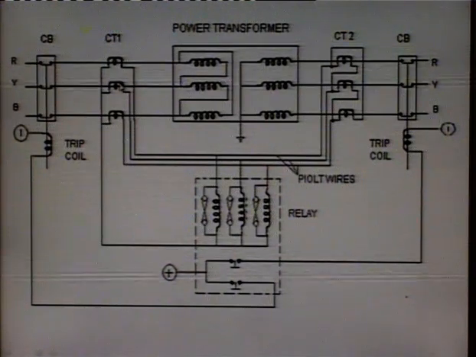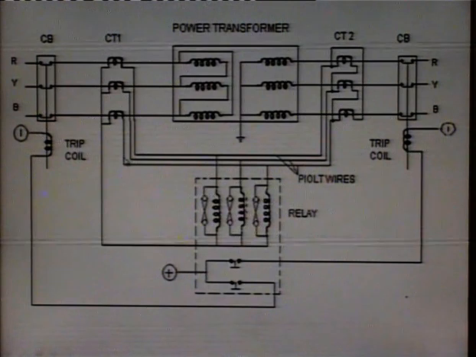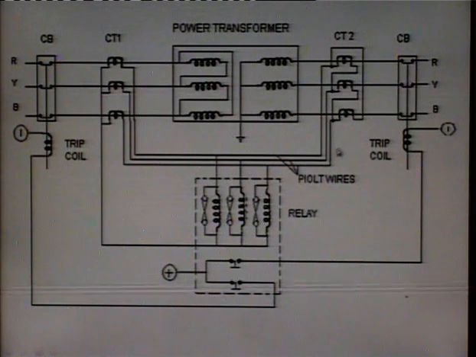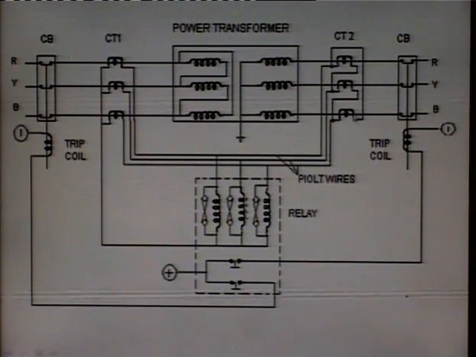Now for the delta type winding, we have connected the CTs in star, but for the star type winding, either the secondary winding, we have connected the CTs in delta. So this has been done so that the incoming current should be equal to the outgoing current.